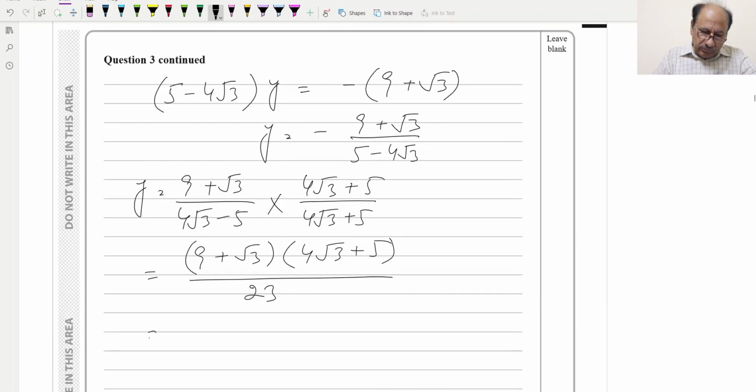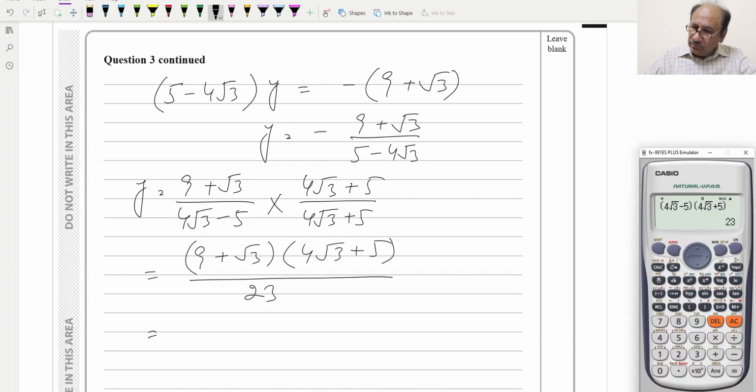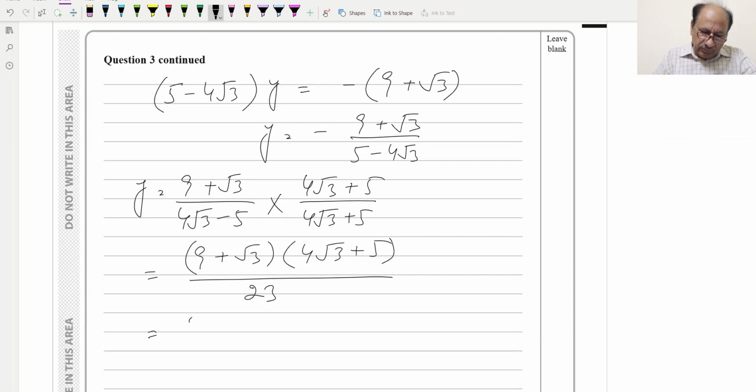And next, this numerator, we can multiply 9 into 4 root 3, that will be equal to 36 root 3.